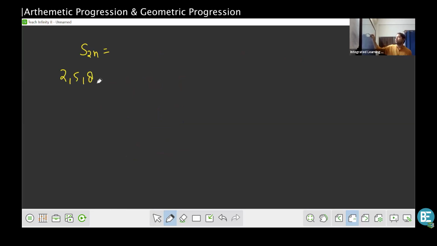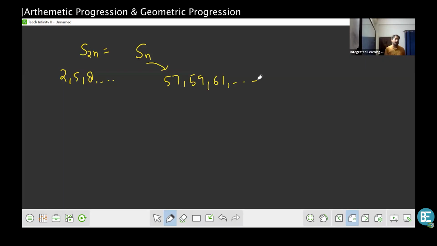Sum of 2n terms of this AP is equal to sum of n terms of another AP, and this AP is 57, 59, 61. There are two different APs. Sum of 2n terms of the first AP is equal to sum of n terms of the second AP. Now you need to find the value of n here.